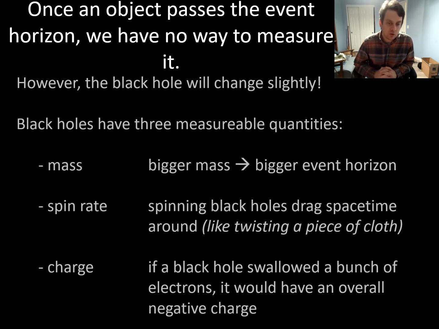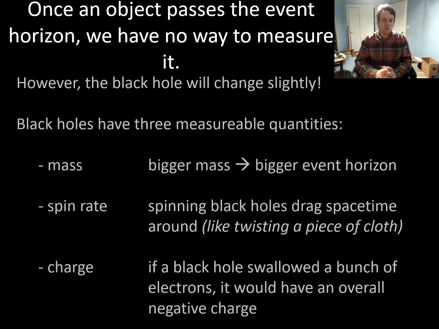And finally, a third quantity that we can actually measure with regard to a black hole is its electrical charge. And in particular, if a black hole happened to swallow a bunch of electrons, it would thereby take on an overall net negative charge, and that would be something measurable because it would have an impact again on the things that are outside the event horizon.